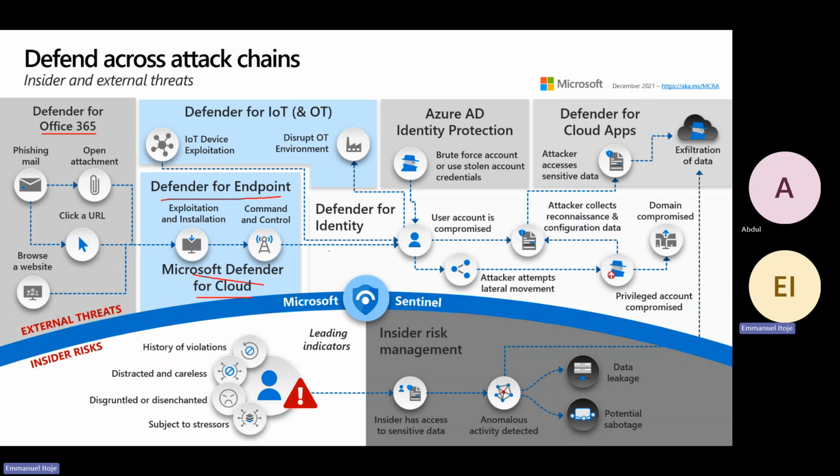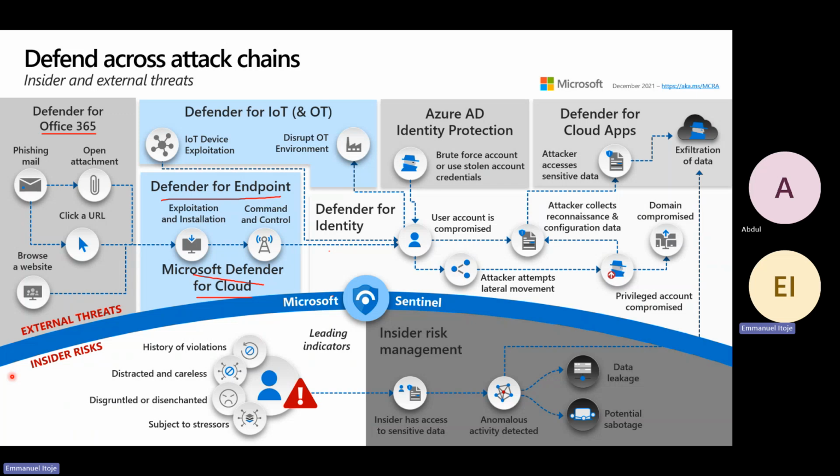And organizations also face insider risk management, right? Where a trusted insider with access to sensitive resources may choose to abuse that access for a variety of reasons. And some of the reasons could be things like maybe they are disgruntled or they are not happy.